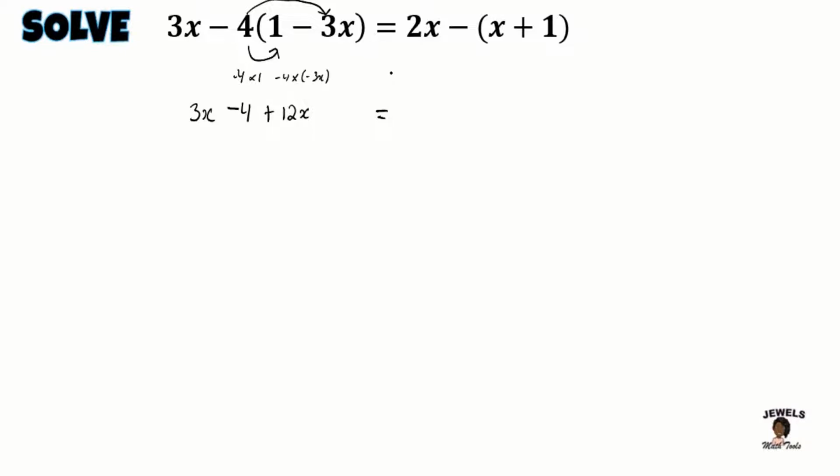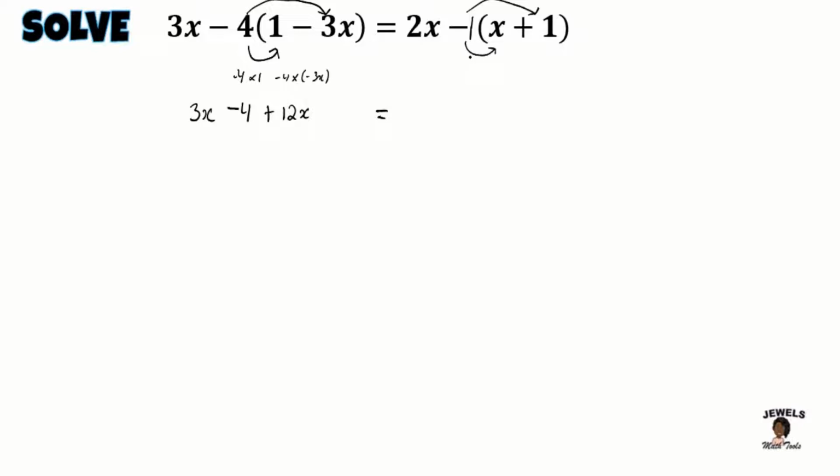So now that we're done simplifying the left hand side of our equation, we're going to be simplifying the right hand side of our equation. Just like our previous bracket with our negative 4, we're also going to apply the distributive property on this side of the equation as well. One of the things that I have to point out when it comes to parentheses or brackets like the one that we're looking at here: even though we have the minus sign here, remember that it is said that we have a 1 in front of the brackets.